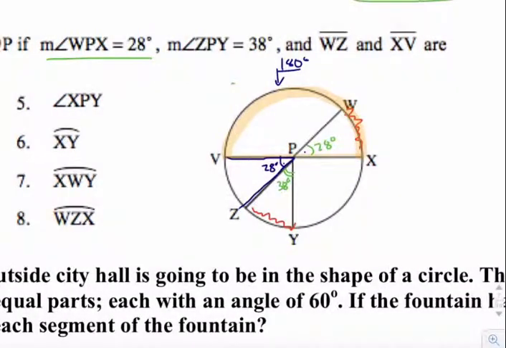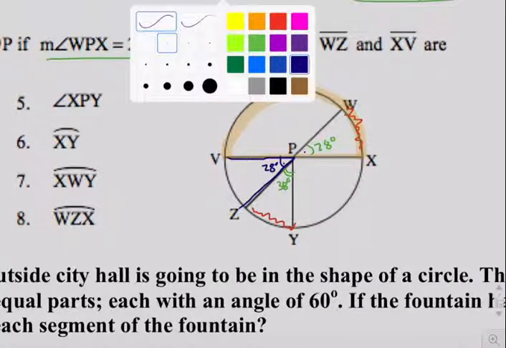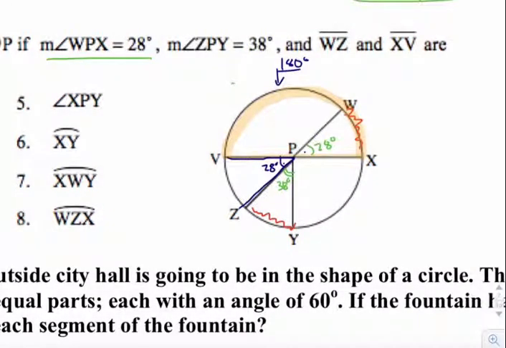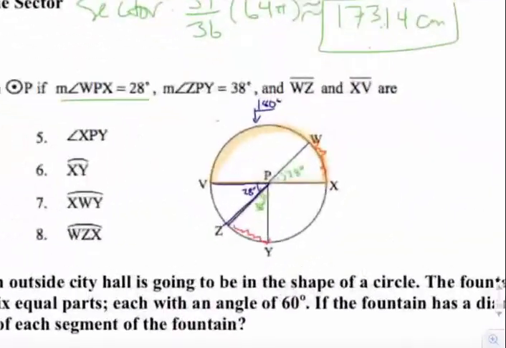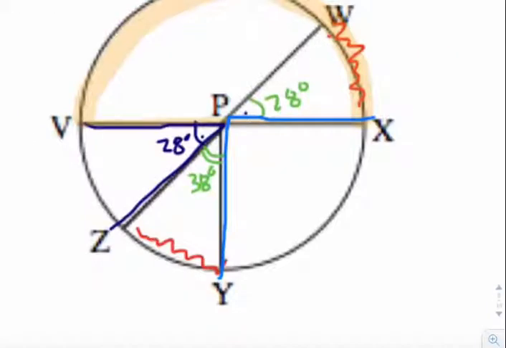All right. Now we need angle XPY, an angle that starts at X, goes through P, and ends up at Y. The way we'll attack this one is to realize that VX is a diameter, and that's 180 degrees. Here we have 66 degrees being taken up right here, and so this has to be the remainder of that 180.